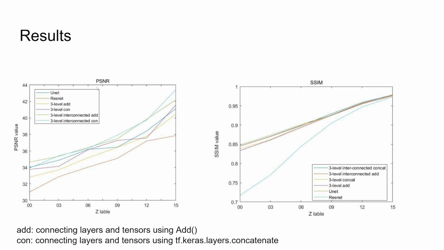Then the 3-level non-interconnected version performs slightly better than the original ResNet and UNet. For the SSIM, you cannot really see that clearly because the numbers are really close and small, but you can also tell from this blue line that the 3-level interconnected concatenate version performed the best.